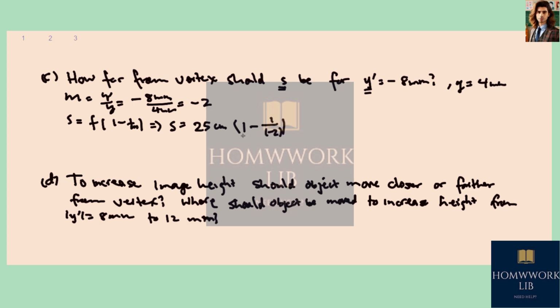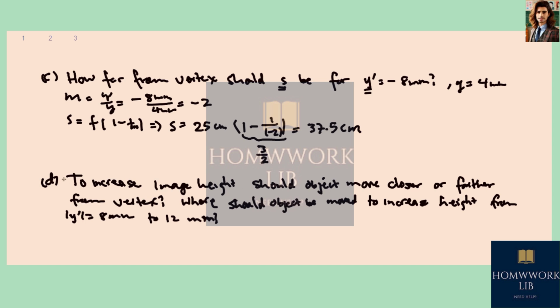So this really is just a factor of 3 halves. So that's 25 times 3 halves, which gives me 37.5 centimeters. So this is where I need to put my object if I want a 4 millimeter object to have an image height of 8 millimeters.